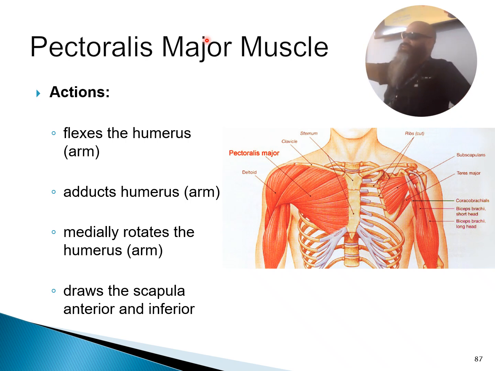It also externally rotates the humerus, and draws the scapula anterior and inferior, so basically it rounds out your back and depresses it. But the main one is adduction of the arm. Horizontal adduction and forward flexion are what I'll be concerned with. So basically it's the motion of doing a push-up or a bench press with dumbbells or barbell.